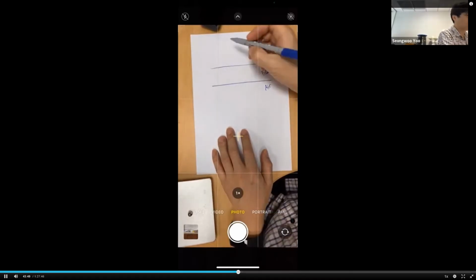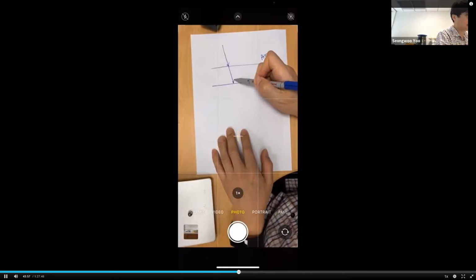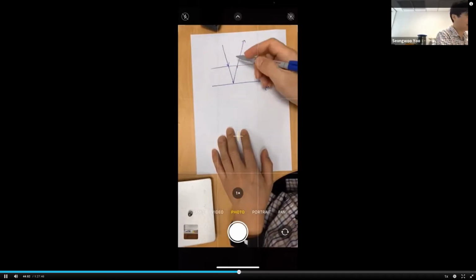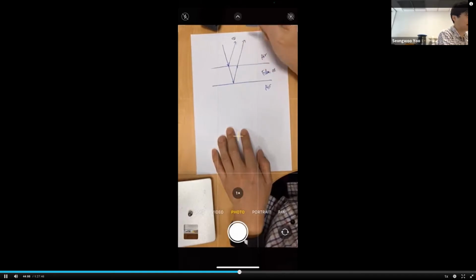Now we have an incident light, which goes from the air into the film, and then it will bounce back and come out from the film. And then another wave is immediately reflected by the first interface. So we have a wave 1 and a wave 2.